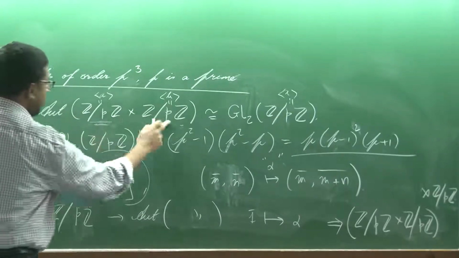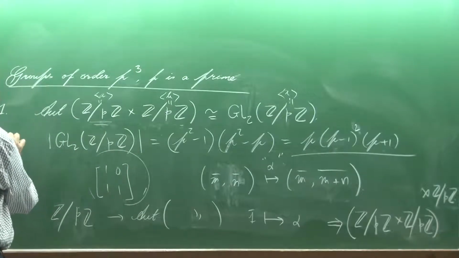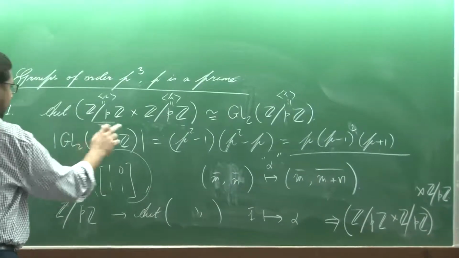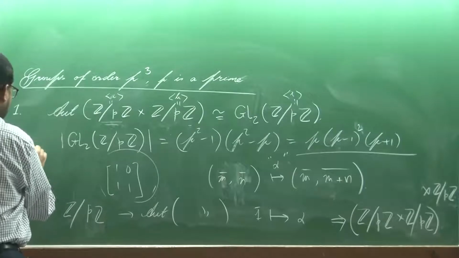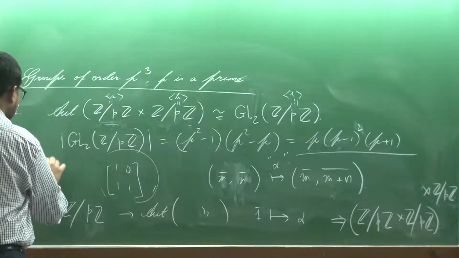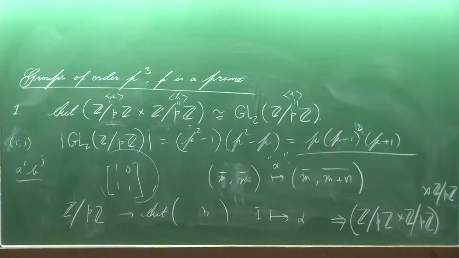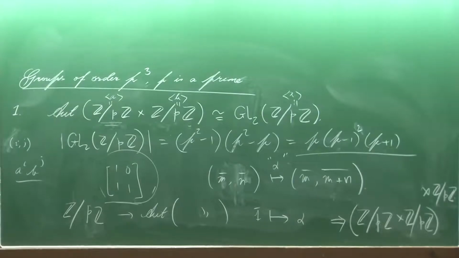So a typical vector with coordinates i, j in the multiplicative notation will correspond to a to the power i, b to the power j. Now it is quite clear how this acts. So x acts on A giving AB, and x b x inverse must be B.